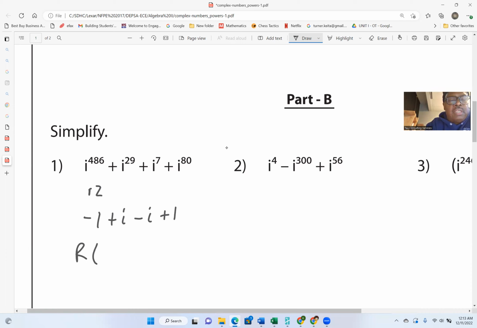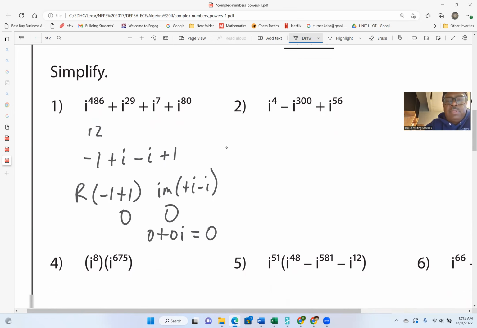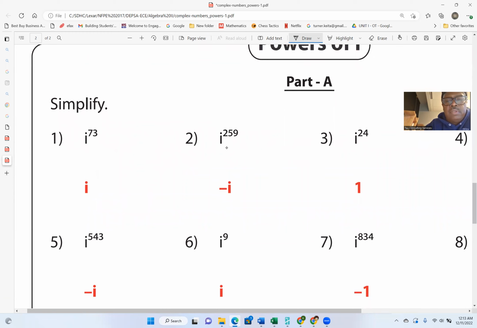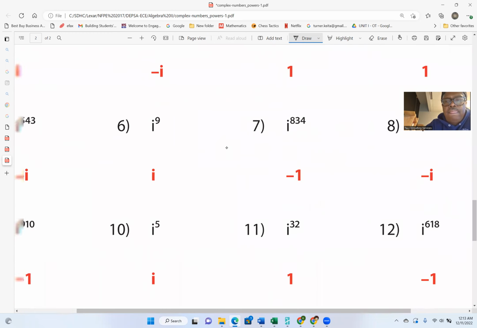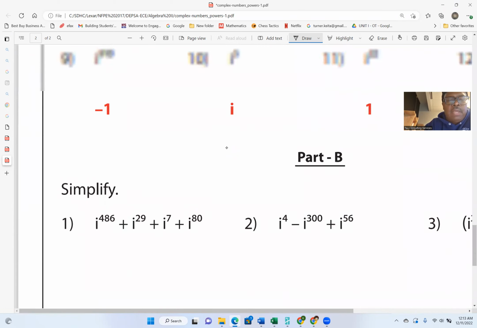The real part says -1 plus 1. The imaginary part says plus i minus i, which is 0. So I'm going to get 0 plus 0i, which equals 0. Let me see the answer to this one. Yeah, it says 0. Okay.